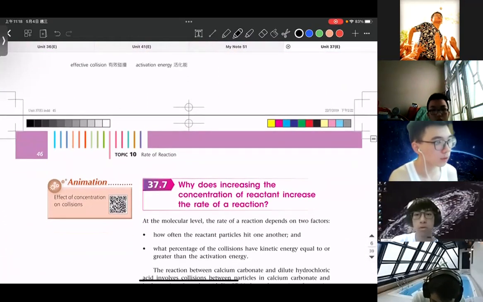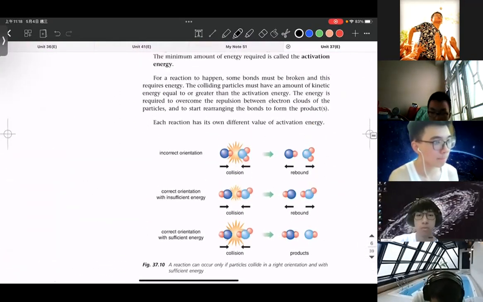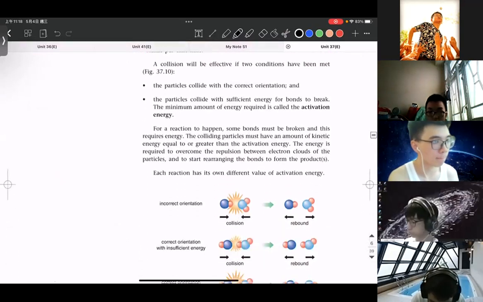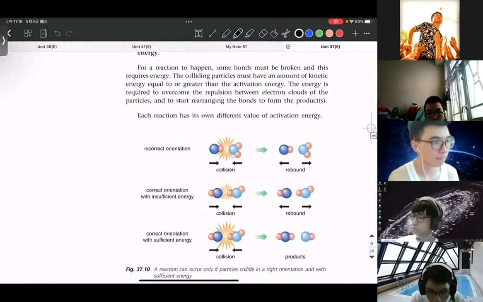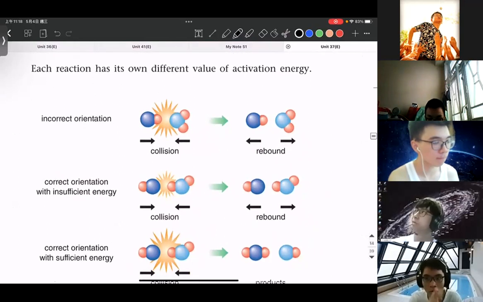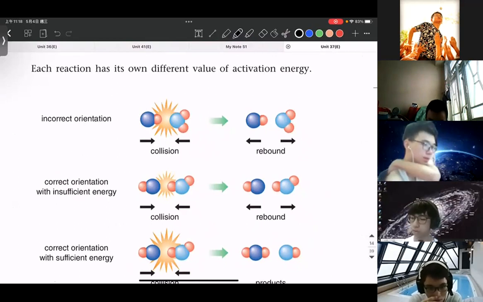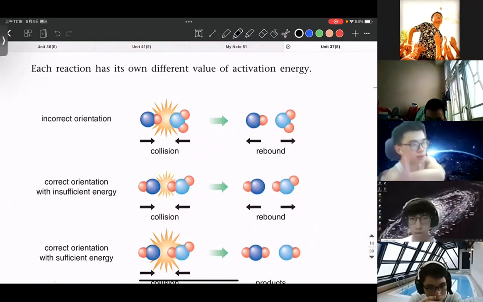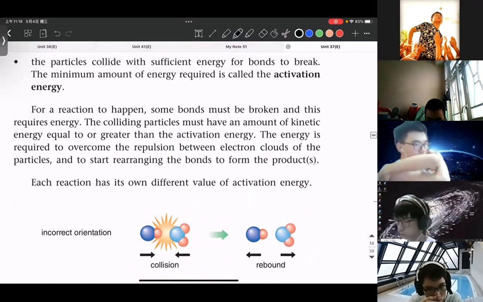So if you want to talk about the reaction that will happen, at least we need to have a collision of reactant particles. So in your case, we talk about magnesium and the acid, in particular hydrogen ions. Okay, so we have got 3 different cases.